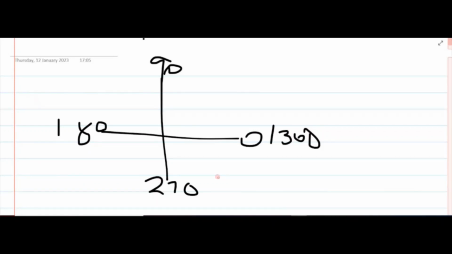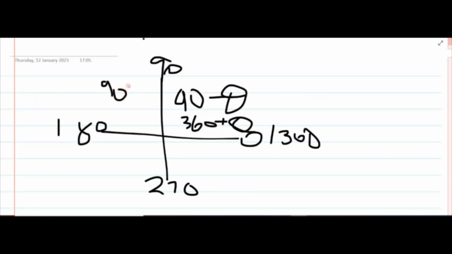In the first quadrant we have 90 minus theta, and in this case theta is any value that is less than 90 degrees. And here, 360 plus theta, and here we're going to have 90 plus theta, 180 minus theta.